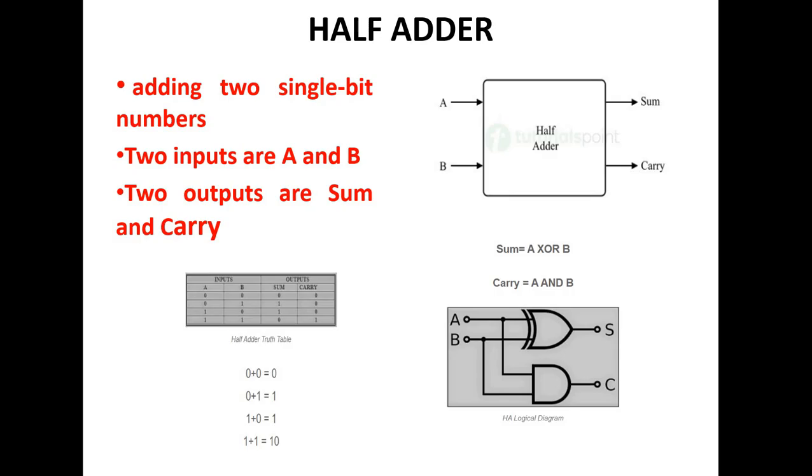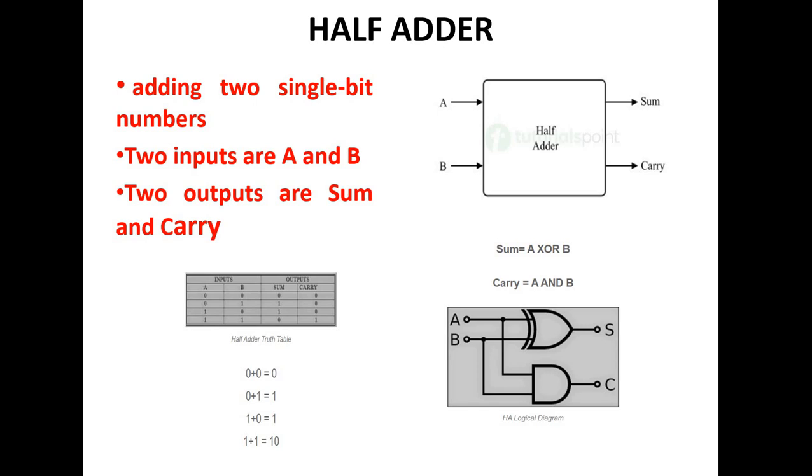If you add 0 plus 0, the sum is 0 and the carry is 0. If you add 0 plus 1, the sum is 1 and there is no carry, so 0. If you add 1 plus 0, the sum is 1 and the carry is 0. If you add 1 plus 1, the sum is 0 and the carry is 1.